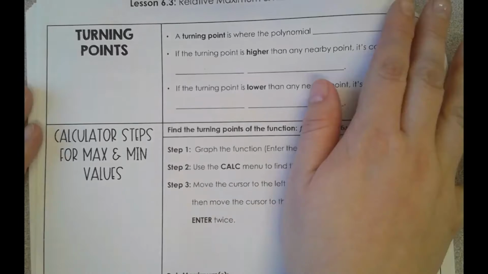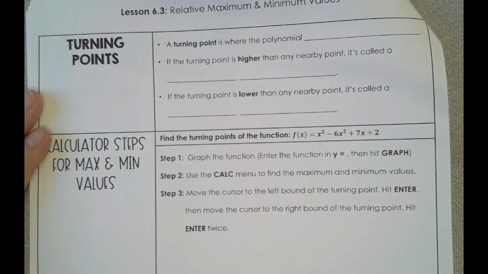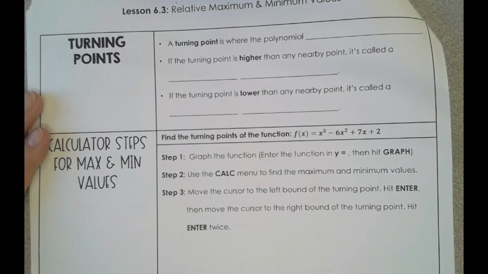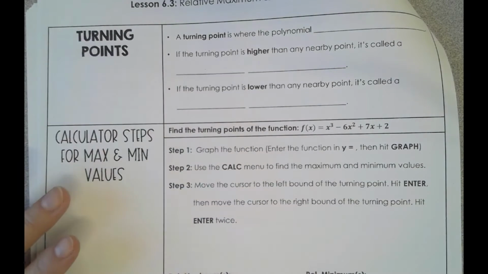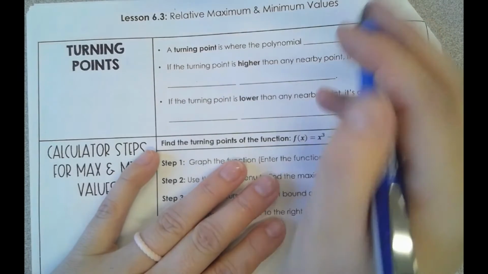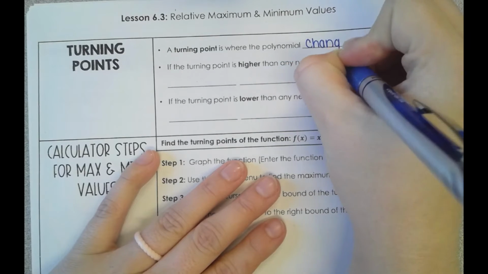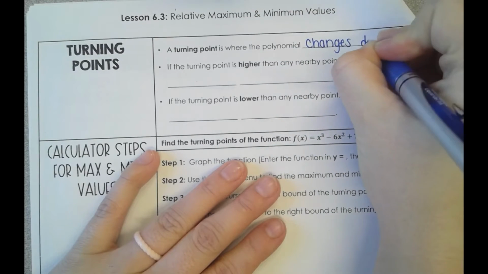Hey guys, in this video we're doing lesson 6.3, which is on maximum and minimum values. A turning point is where the polynomial changes direction.